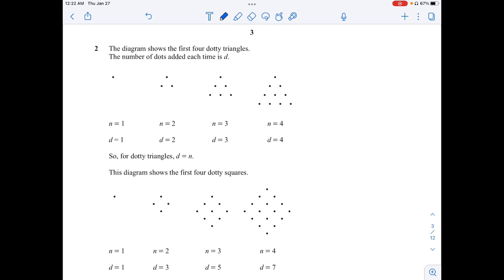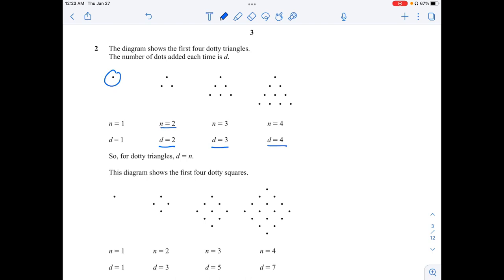Now the diagram shows 4 dotty triangles. The number of dots added each time is d. So when n is equal to 1, there is 1 dot. When n is equal to 2, I'm adding 2 more dots. When n is equal to 3, I'm adding 3 more dots. When n is equal to 4, I'm adding 4 more dots.